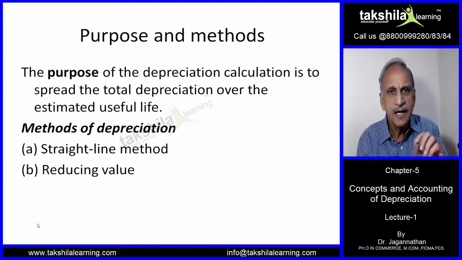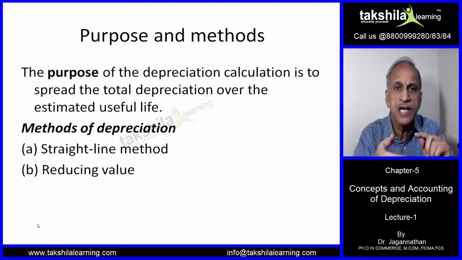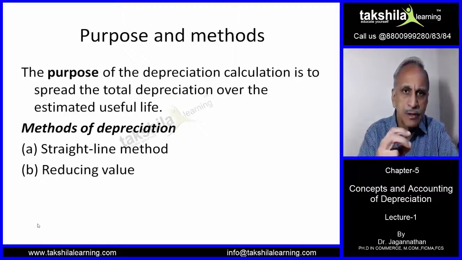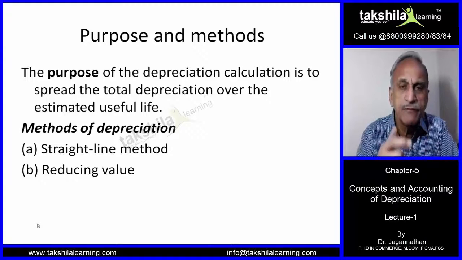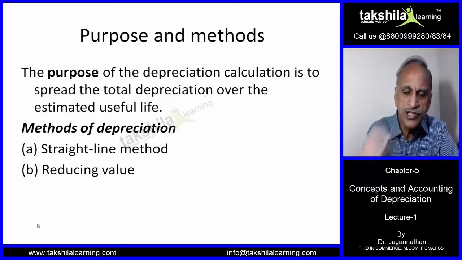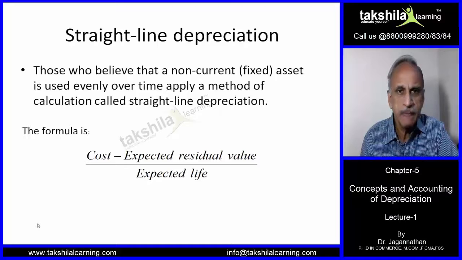That is, every year you reduce the value of the asset and on that you charge a fixed rate of depreciation. So in the straight line method, the amount of depreciation is the same, whereas in the reducing value method, the rate of depreciation is the same, not the amount. We shall see the calculations under both methods.